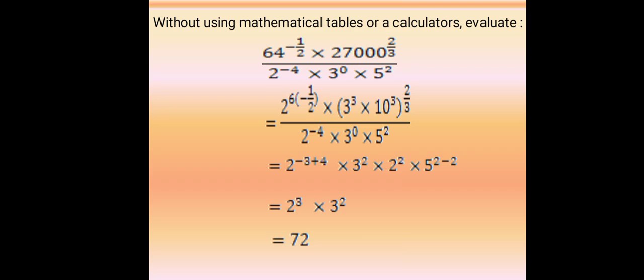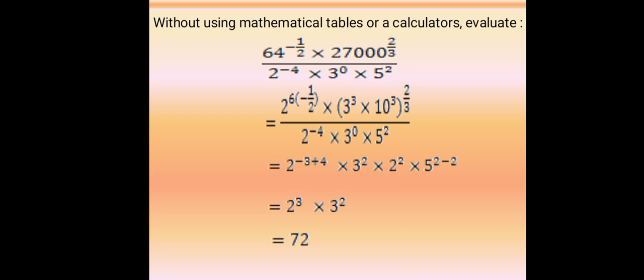Now the other side, 27,000, we can break it to be 3 raised to the power of 3 multiplied by 10 raised to the power of 3, and all of these are being multiplied by 2/3. So what do we have? We can still further break 10 into 2 and 5.